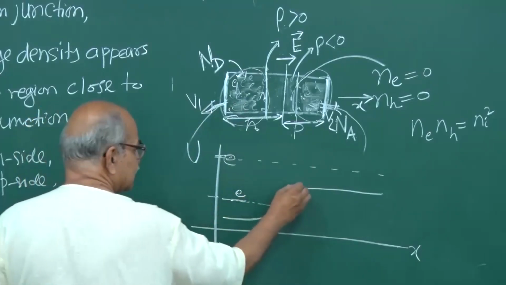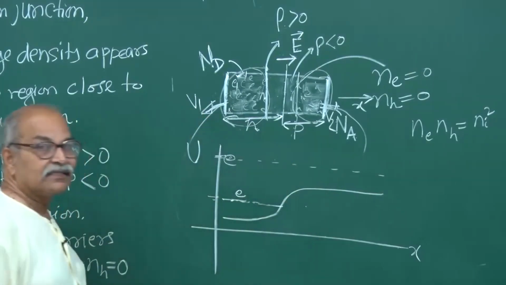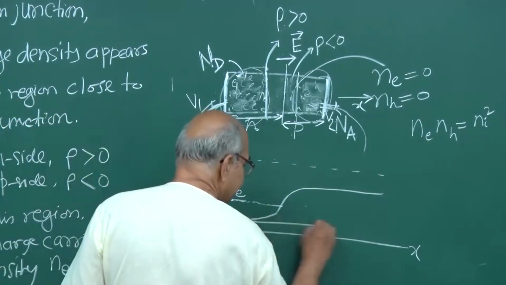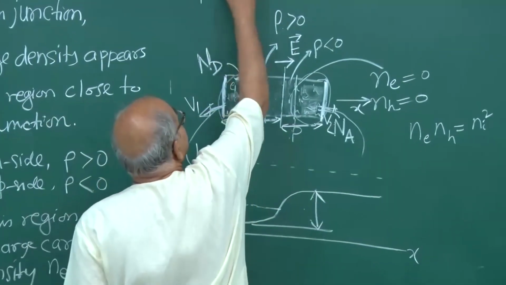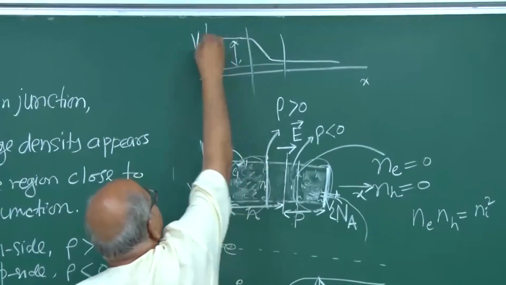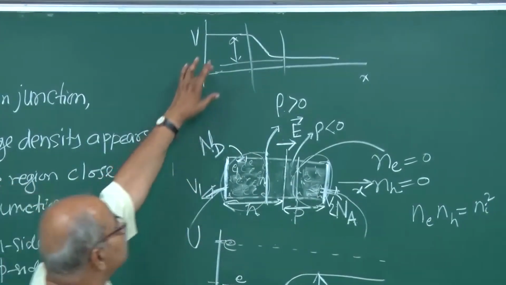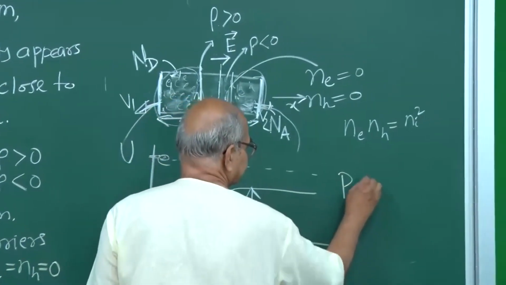But if the electron has only this much energy, it cannot penetrate, at least classically. So this height, this difference, is the same as this difference. The units are different: this is voltage, this is energy. This difference is known as the potential barrier.